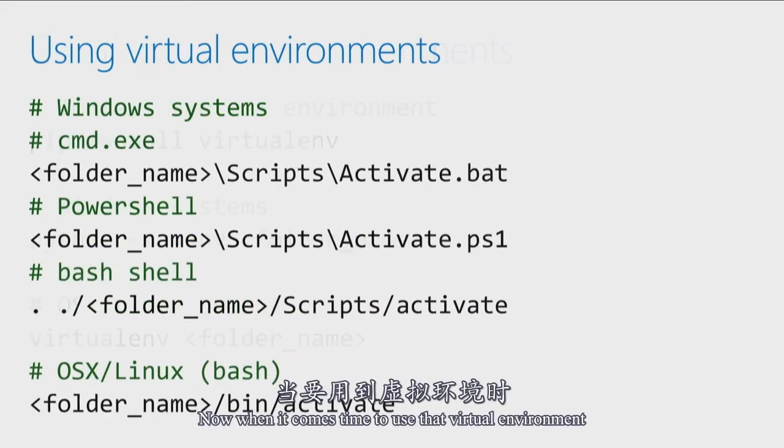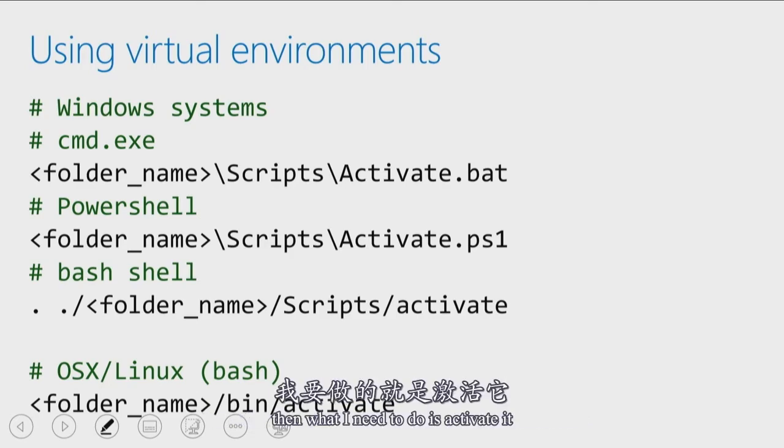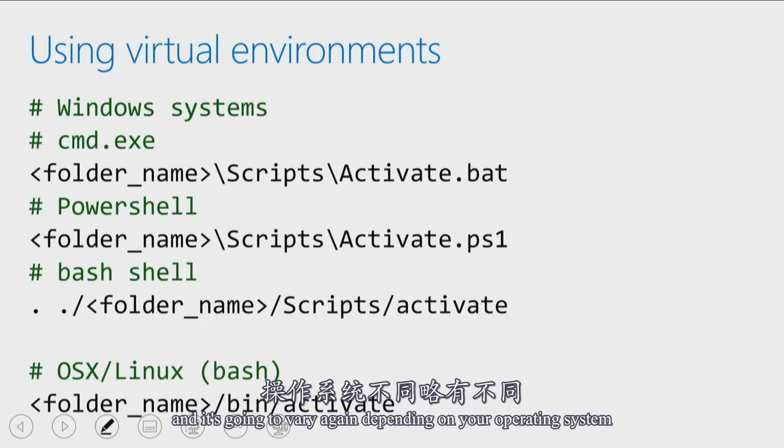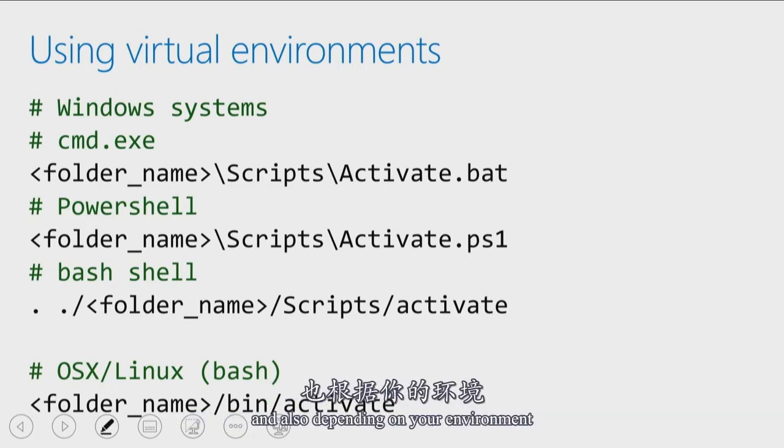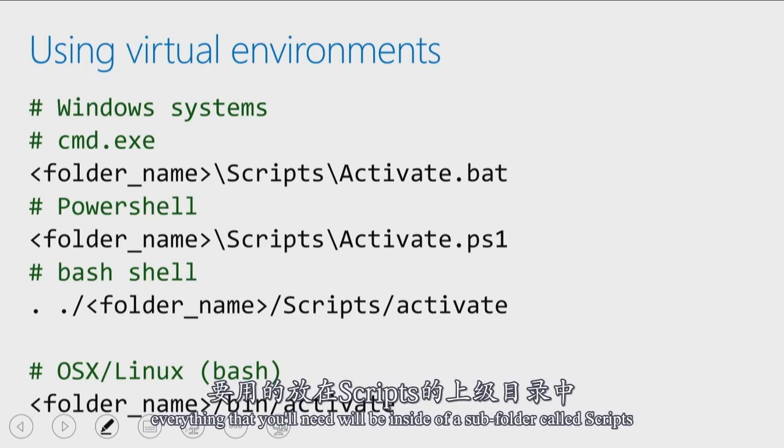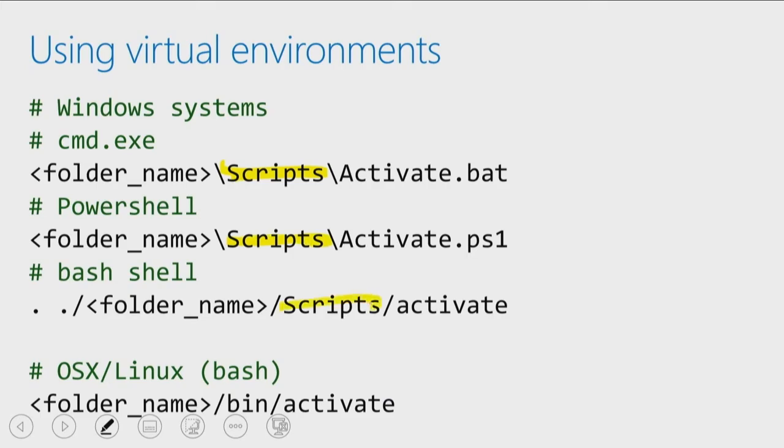And now, when it comes time to use that virtual environment, what I need to do is activate it. You'll notice the syntax to activate it here, and it's going to vary again depending on your operating system and also depending on your environment. If you're using Windows, everything that you'll need will be inside of a subfolder called Scripts.